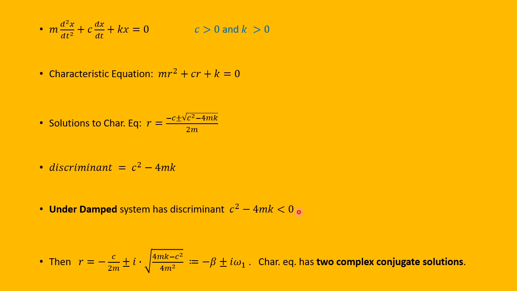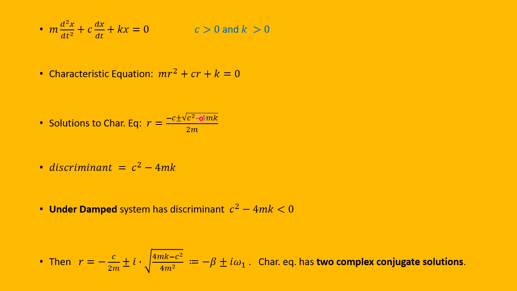In that case, we're going to have solutions r equals minus c over 2m plus or minus the square root of a negative number over 2m. So we can write that as r equals minus c over 2m plus or minus i times the square root of 4mk minus c squared over 4m squared.